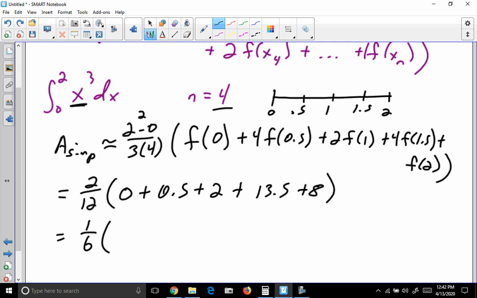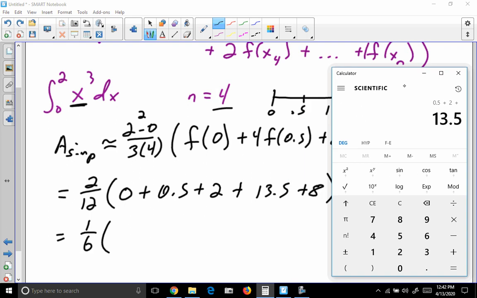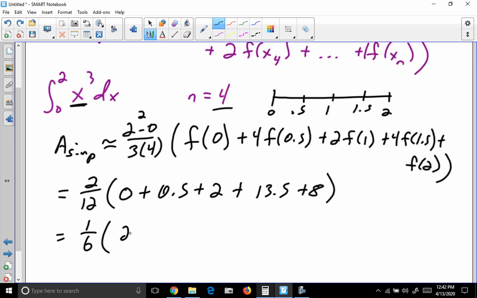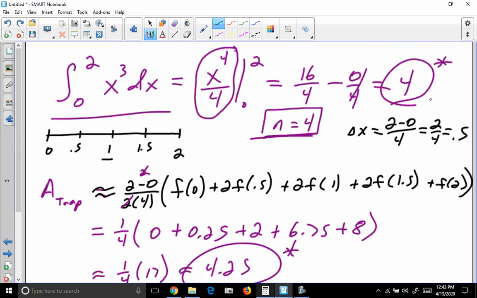If we add these together, we have 0.5 plus 2 plus 13.5 plus 8. That's 24. If we divide 24 by 6, we get 4. That's actually the exact area. That's the same thing we got when we did our area using the fundamental theorem of calculus.